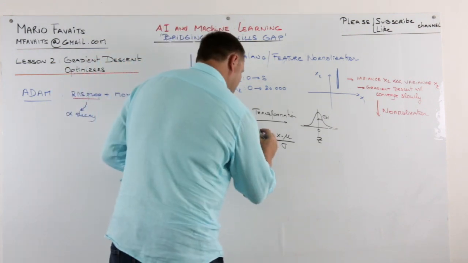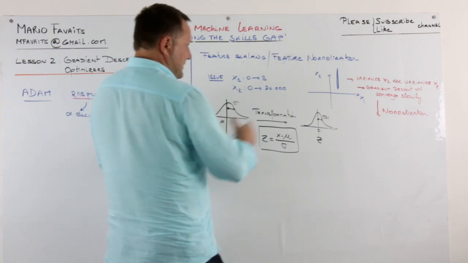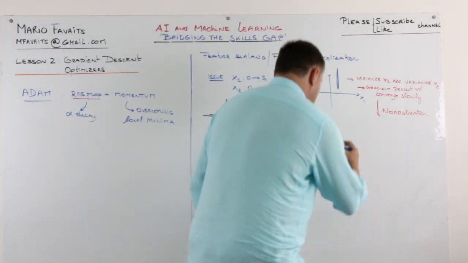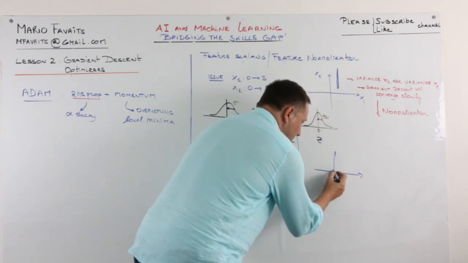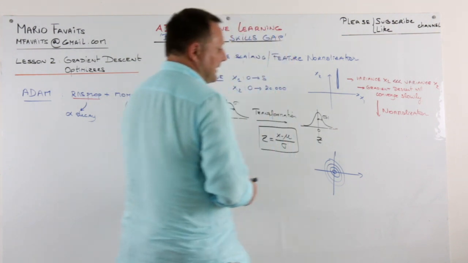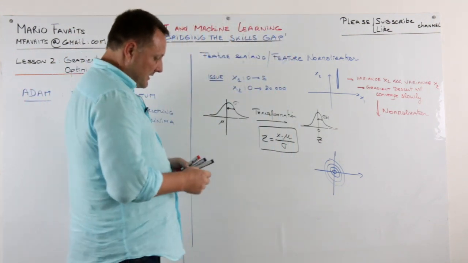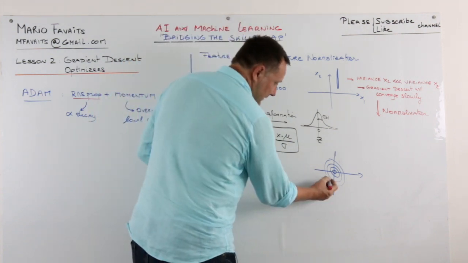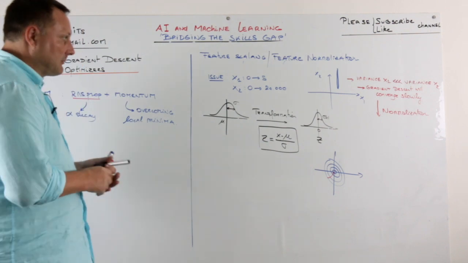Once you do this, this picture will become nicer, centered around 0, and variances within check. Of course your gradient descent is going to be much faster to the minimum.